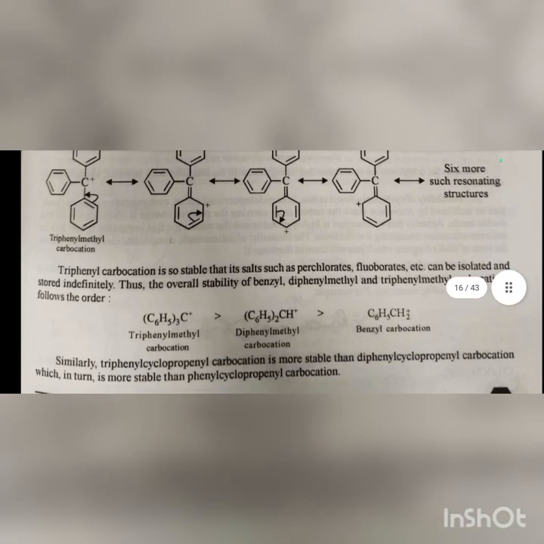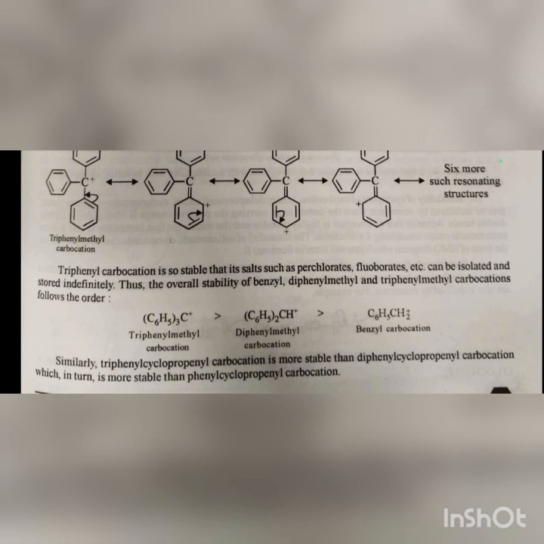Similarly, triphenylmethyl carbocation is still more stable than diphenylmethyl carbocation due to the still larger number of resonating structures. Triphenylmethyl carbocation is so stable that its salts, such as perchlorates, fluoroborates, etc., can be isolated and stored indefinitely.